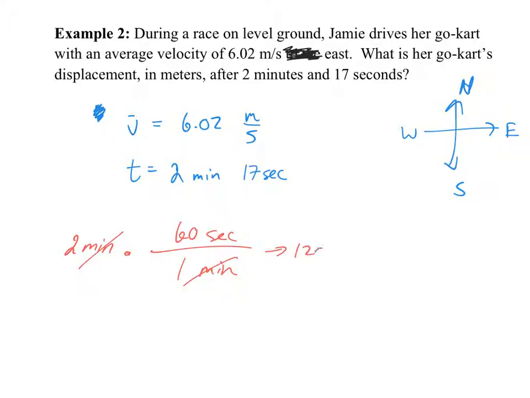This just tells me that it's 120 seconds, but then Chris said, well, we have these other 17 seconds still, so we know that this is going to be 120 plus 17, which is 137 seconds. So we've got the actual time itself as 137 seconds. That's the number that we're going to use for our time. Again, 2 minutes is 120 seconds plus the 17, making a total time of 137.